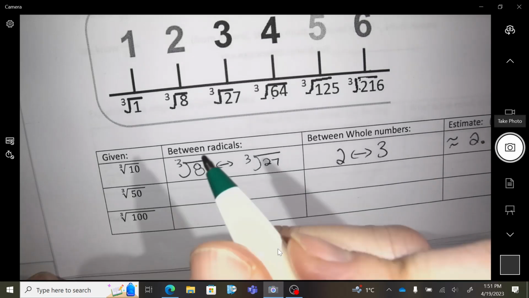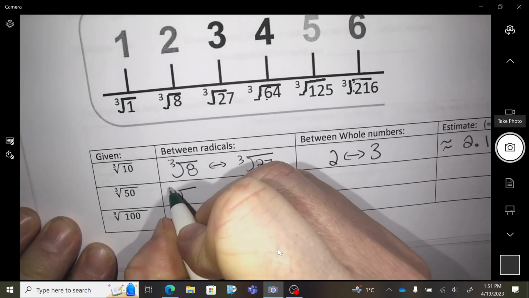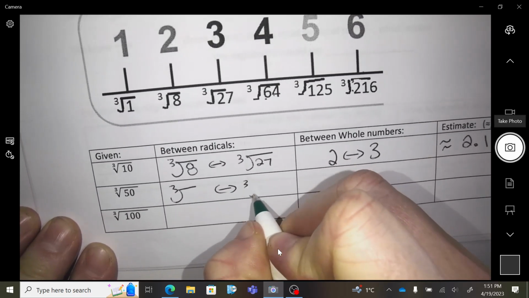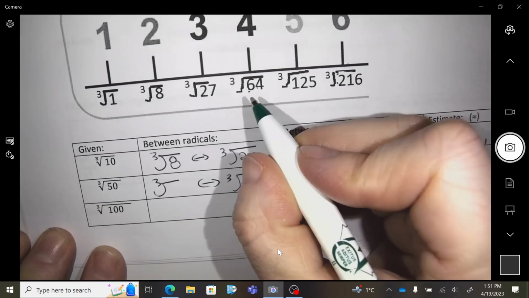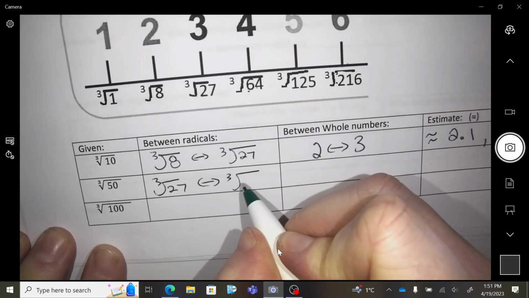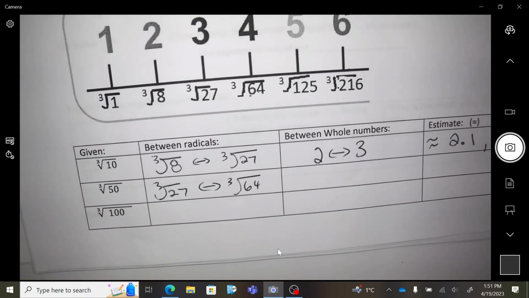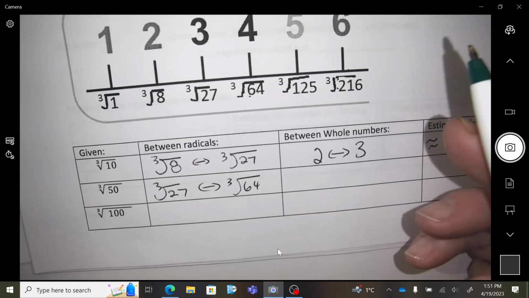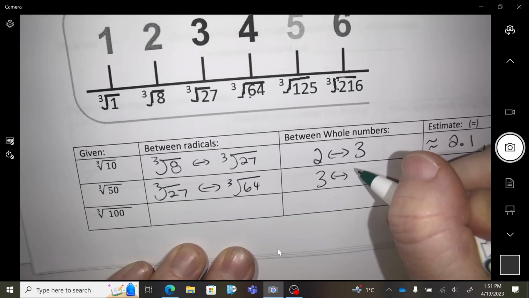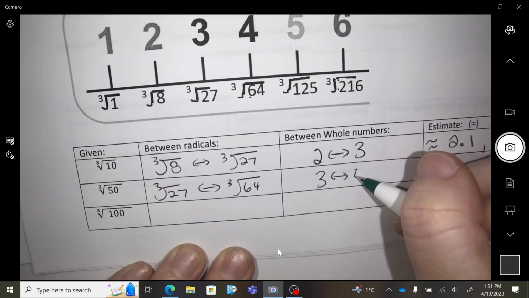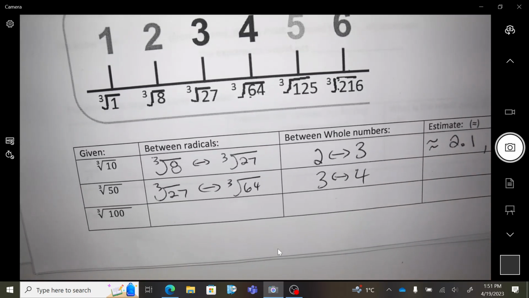Ready? 50 is going to be between the cube root of what and what? 50 is somewhere between 27 and 64. So I'm going to be between 3 and 4. I wrote a 3. I don't know why I said 2.